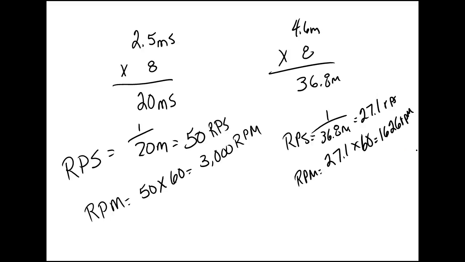Yeah, because Alabama Power, that's their frequency, 60. Well, no, that's not true. It has nothing to do with Alabama Power. What it's got to do with is this is revolutions per second. How many seconds are in a minute? 60. So if I know the time per second, then I can calculate the time per minute just by taking the time per second and multiplying it by what? 60.